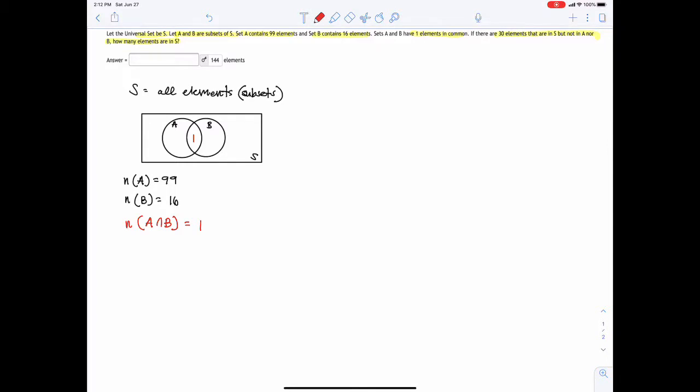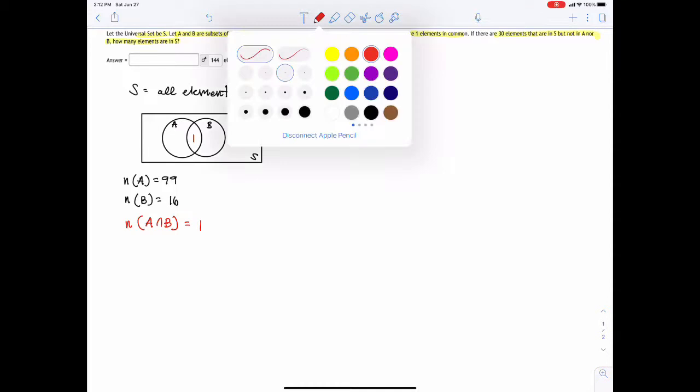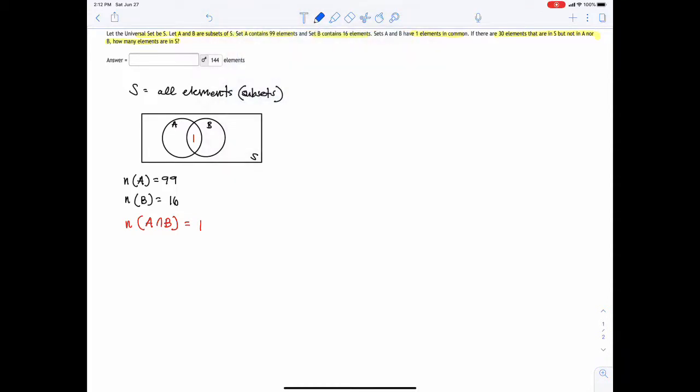Okay, so if their common element is 1, that would mean that if there is 99 elements in A, that just here alone would be 98, because the entire set A would be 99, but they have one element in common between A and B, and so this one would be 98.